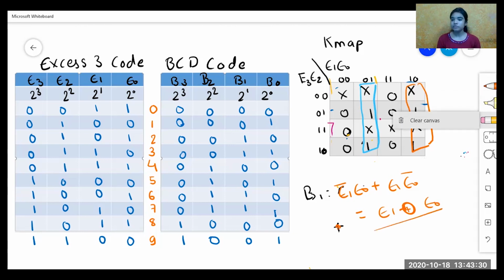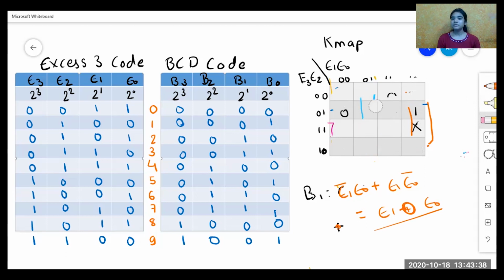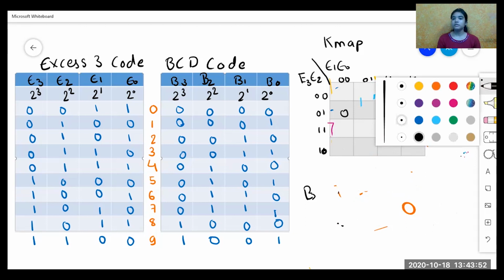Then we are finally left with drawing the K-map for B0. So let's make the K-map for B0. Okay.